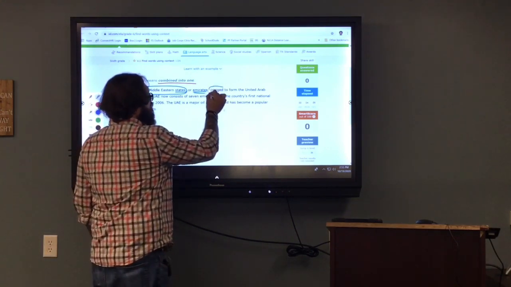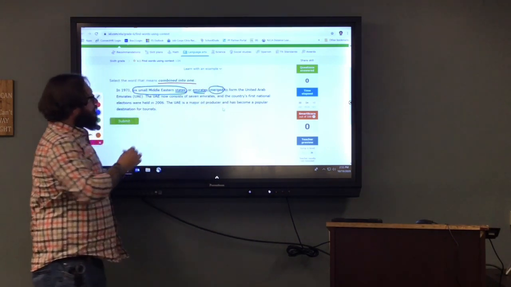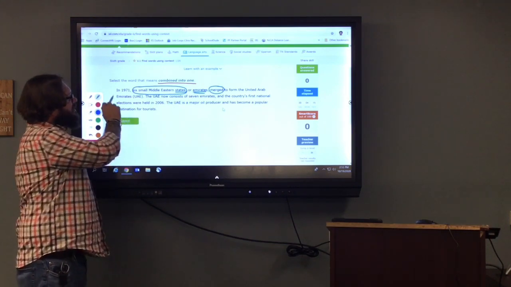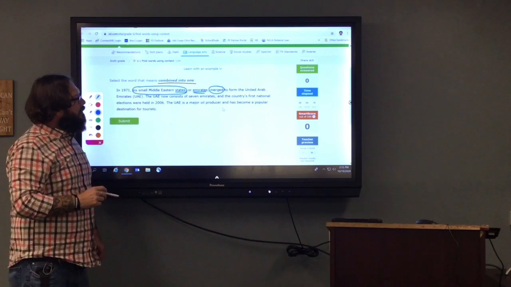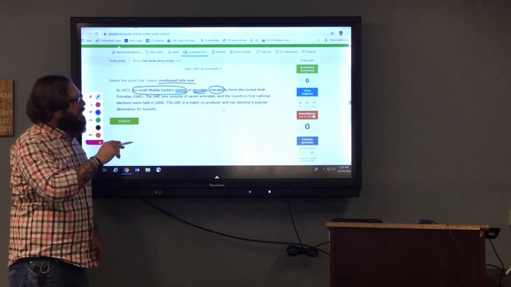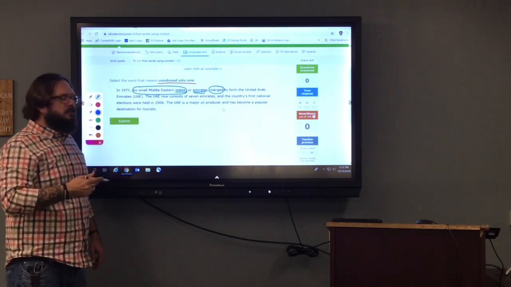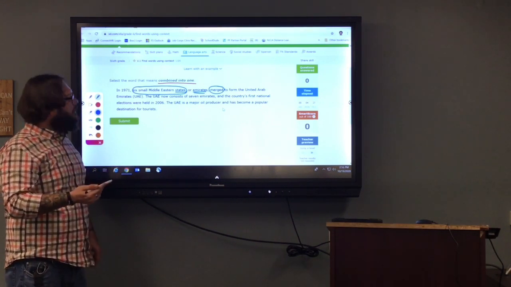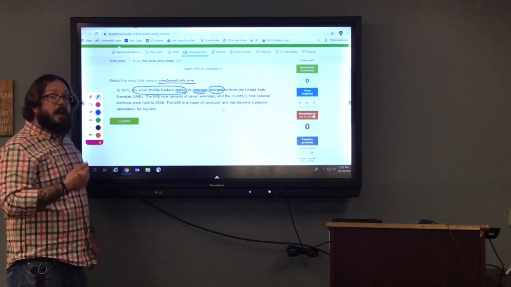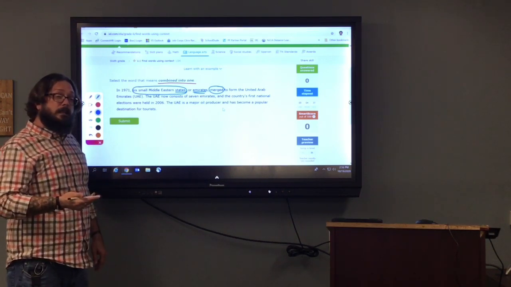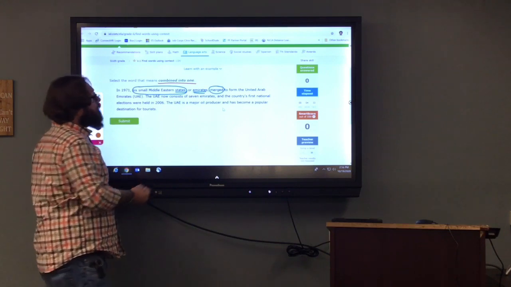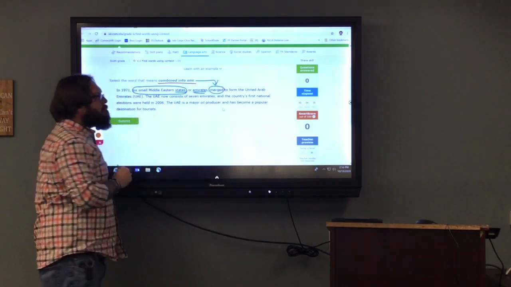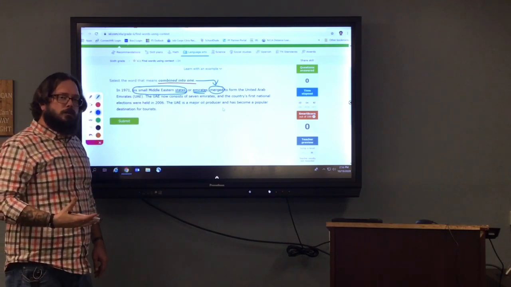So let's pay attention to this word merge right here. What this is saying is that these 6 small states merged and became the United Arab Emirates. 6 becomes 1. Combined into 1. Therefore, we can conclude that combined into 1 is the meaning of the word merged.